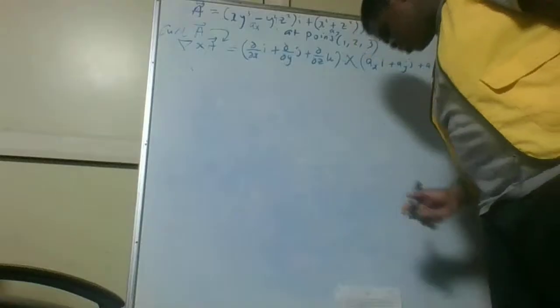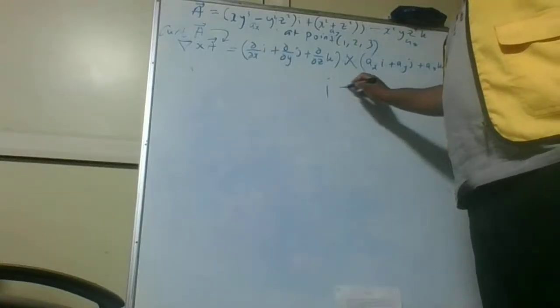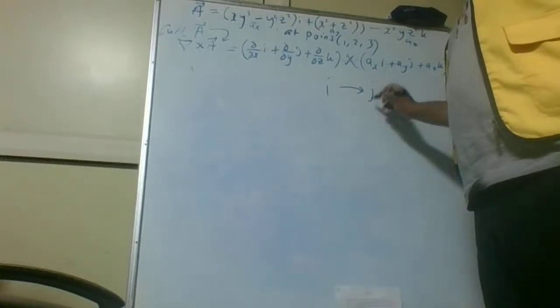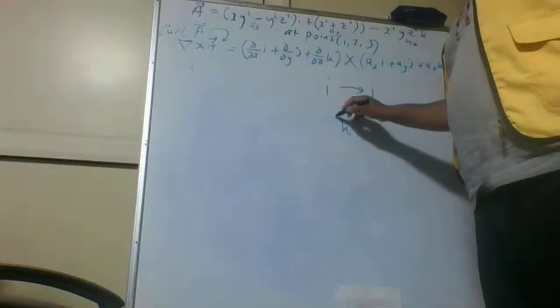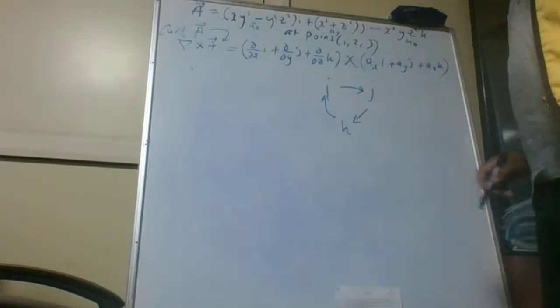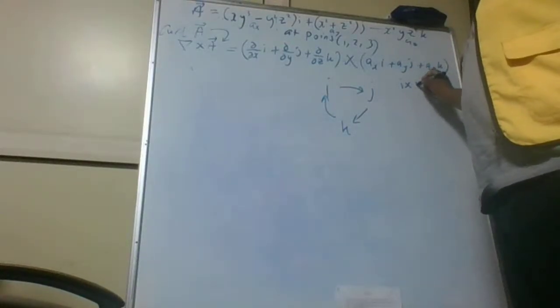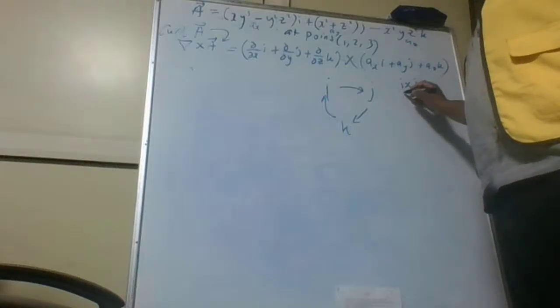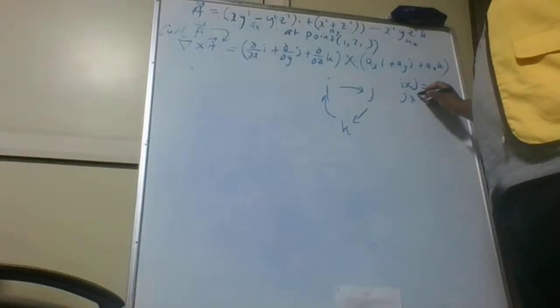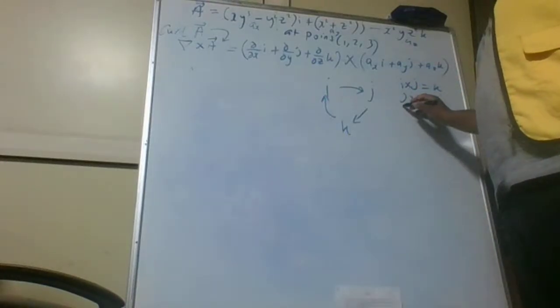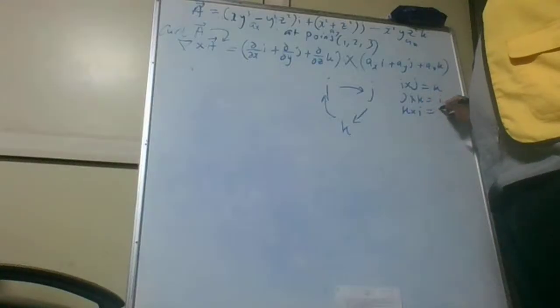Now, if I find the cross product, you need to know that i moves to j, j moves to k, and k moves back to i. So i cross j is equal to k, j cross k is equal to i, and k cross i is equal to j.